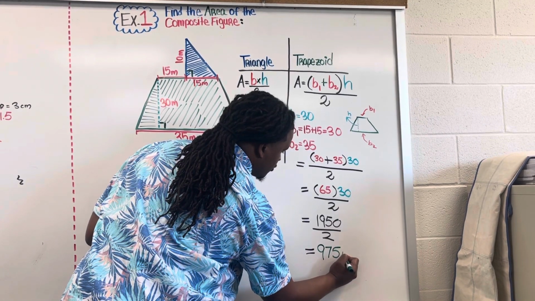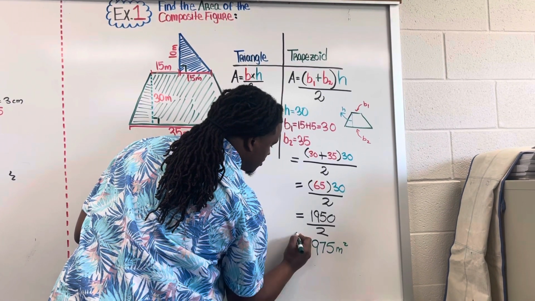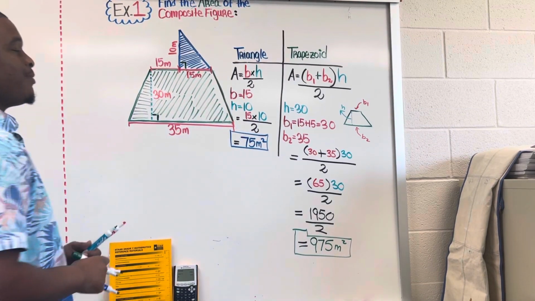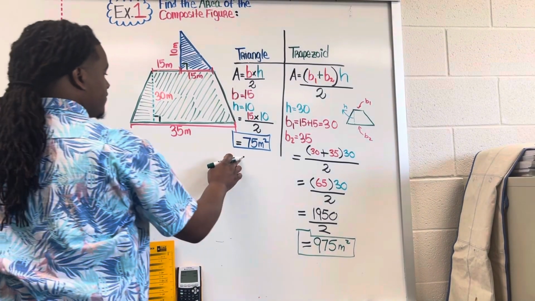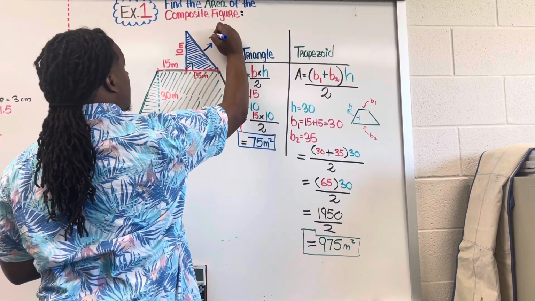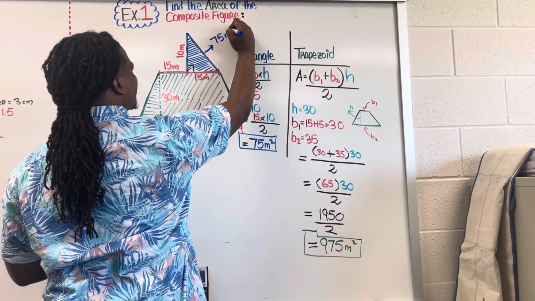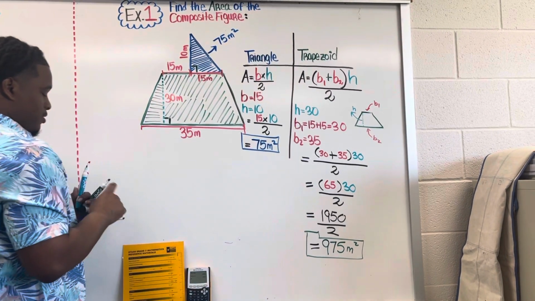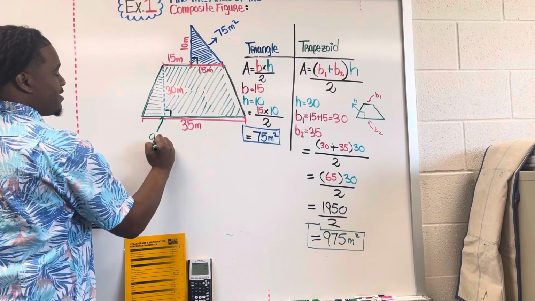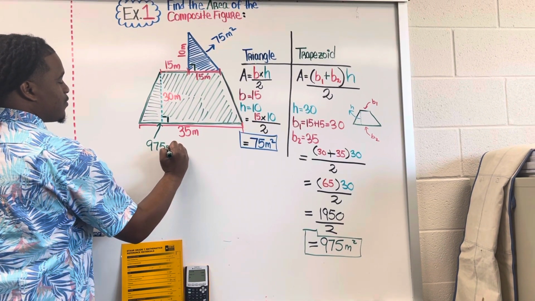Okay? So we're down to the last part, guys. I got the area of the triangle, which is 75 square meters. And then I also figured out the area of the trapezoid, which is 975 square meters.